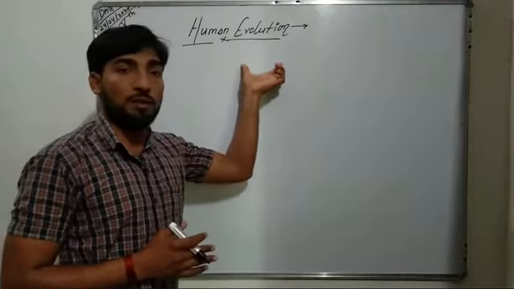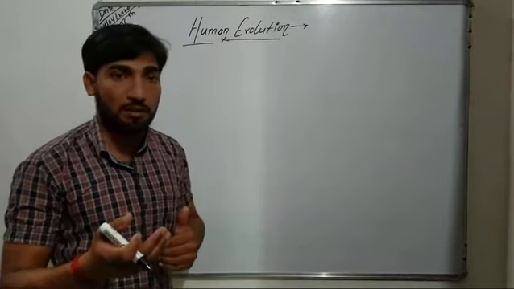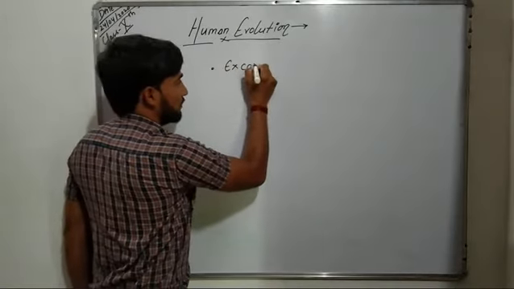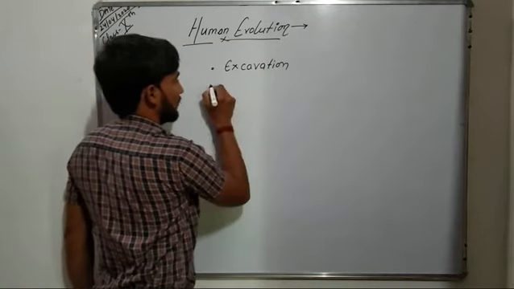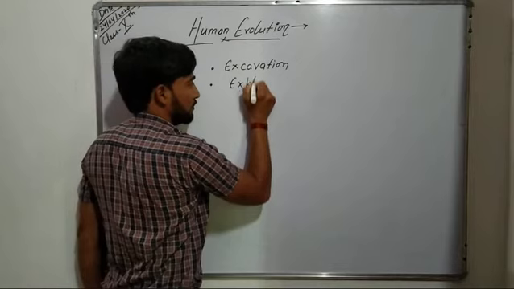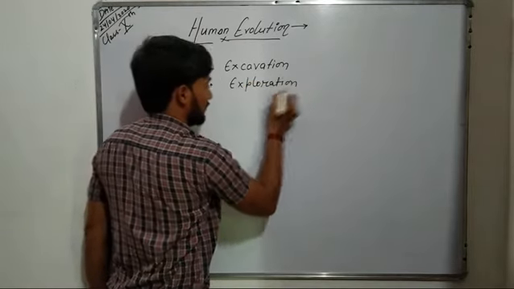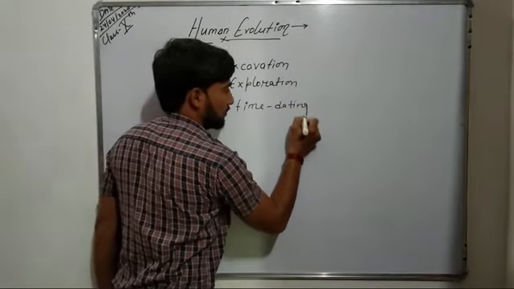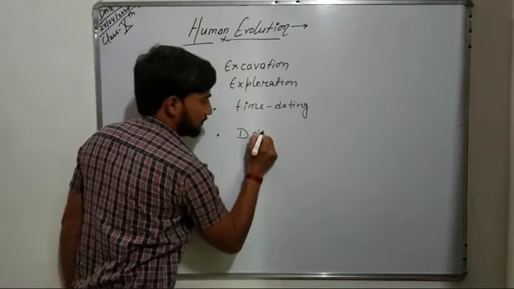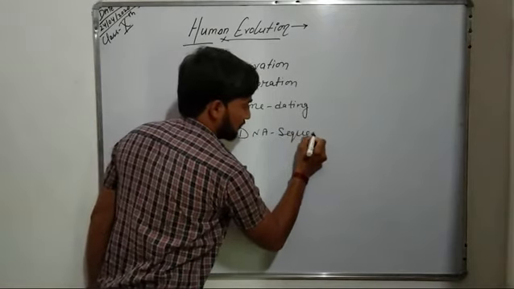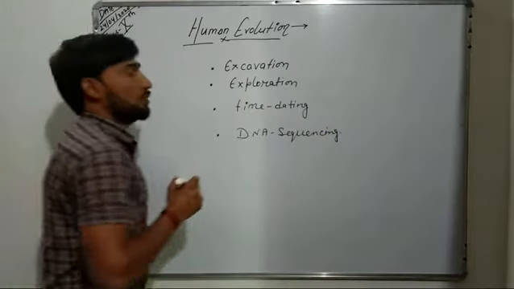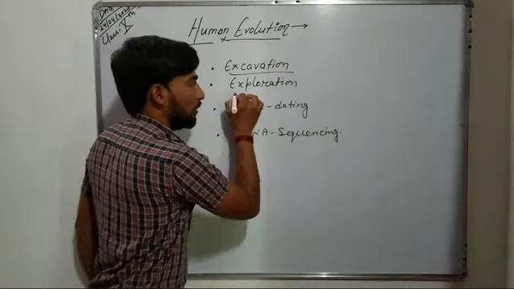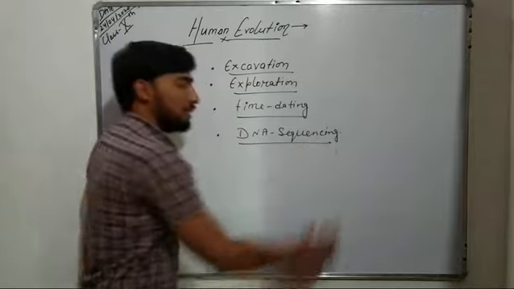Human evolution has been studied by different methods available to science, such as excavation, exploration, time dating and DNA sequencing.